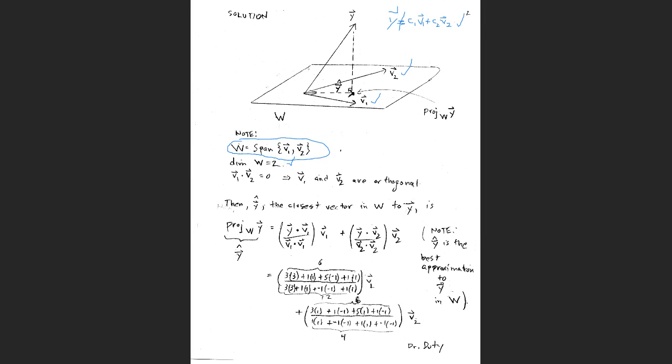Geometrically, you cannot, right? Because the vector Y here, there's no way it's a linear combination of the vectors V1 and V2. And that means if you tried to solve for C1 and C2, you would end up getting what kind of system? Good, Binyam, an inconsistent system.